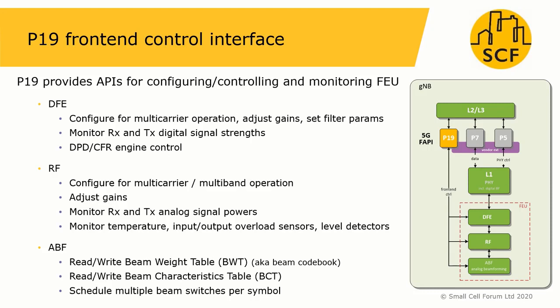This is an optional companion table which stores the physical shape of the beam, which was defined by the beam weight table. The third set of analog beamforming API functions focus on beam scheduling. Using these functions, the L2 scheduler can request the analog beamforming block to switch to specific beams at given symbol times within a slot.